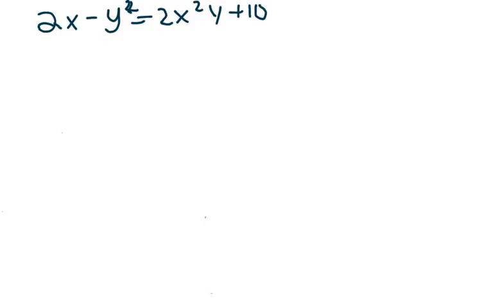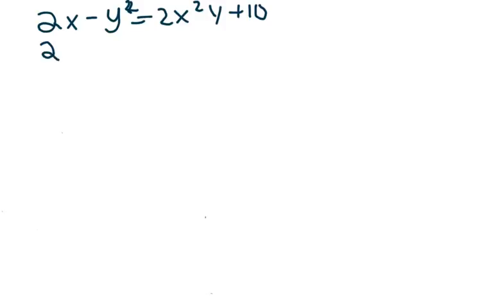The original function was 2x minus y squared equals 2x squared y plus 10. Wherever we see y now, we're going to plug in negative x squared.